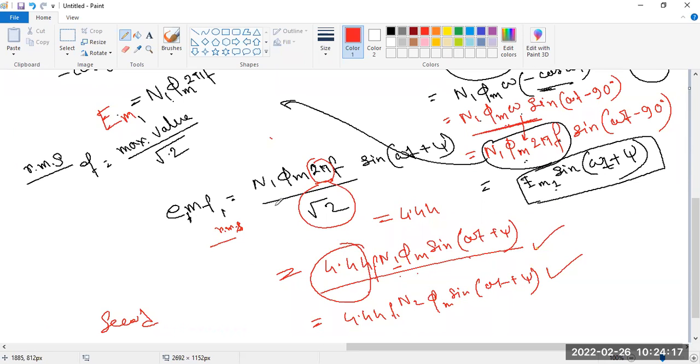Don't try to memorize this. Step by step, just try to evaluate, then you can remember. Otherwise you will get lots of equations. So many equations are there, so how could I remember this? One by one, step by step, then you can remember.